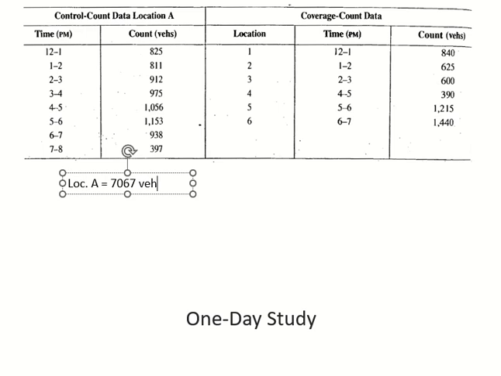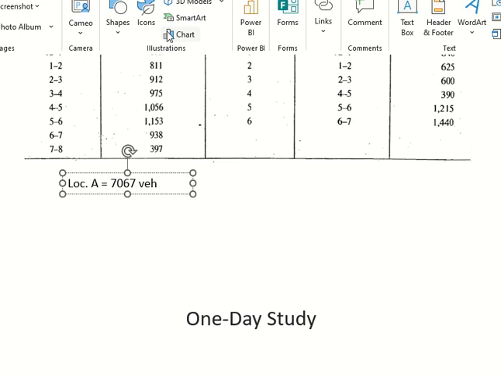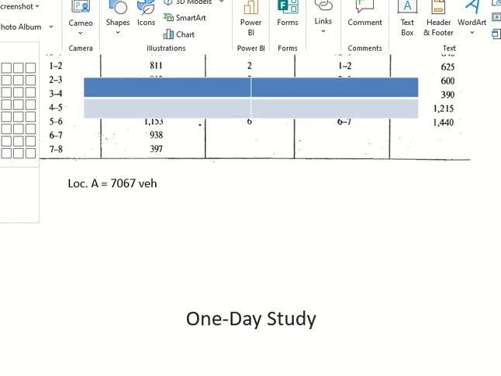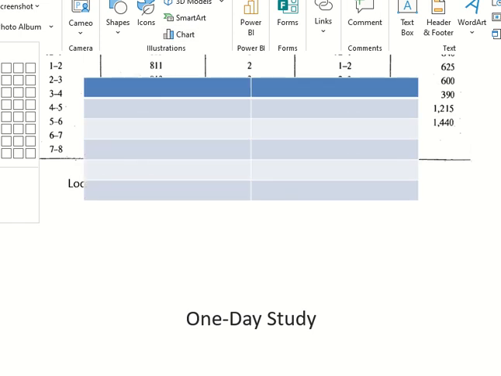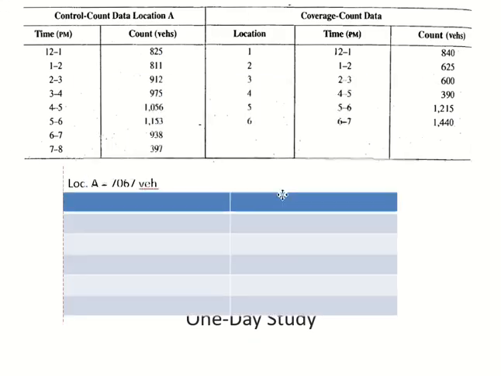For the remaining locations, I have data for how much time? Each location, 1 hour. So I have to do something to convert this 1 hour into 8 hours. At all locations I need 8 hours of data. To convert this, using the control count, we will calculate a factor which is called expansion factor.